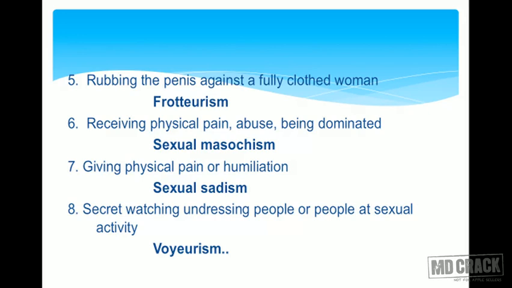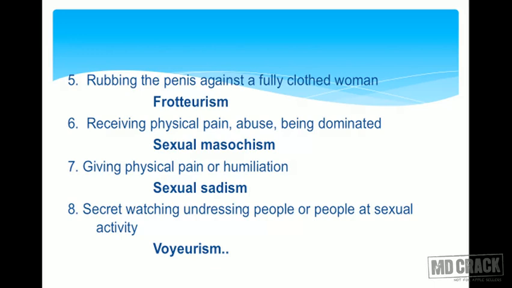And the opposite one, giving physical pain or humiliation and obtaining pleasure, is called sexual sadism. Giving pain or humiliation is sadism, and receiving pain or abuse and feeling happy is sexual masochism.